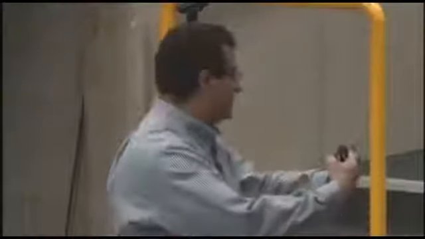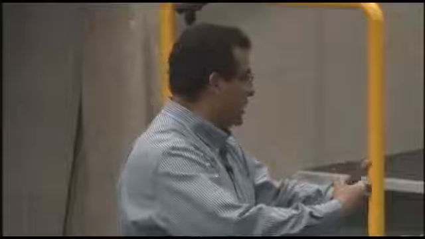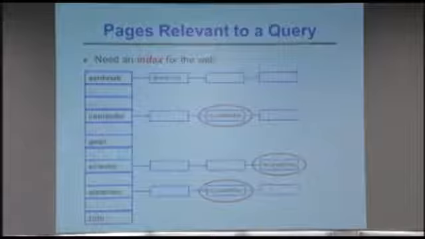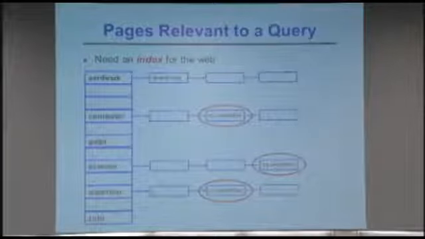So when I type computer science Waterloo, Google goes to this index, and it finds all the pages that have the word computer, and all the pages that have the word science, and all the pages that have the word Waterloo, and does an intersection among these three sets, and says, oh, okay, so cs.waterloo.ca is one of the pages that has these three words. So cs.waterloo.ca is one of the pages that are relevant to this query.